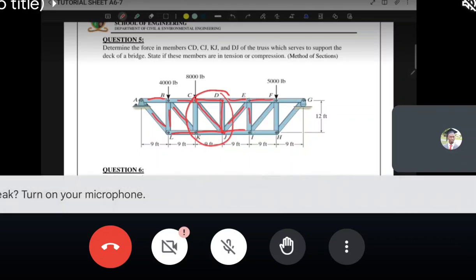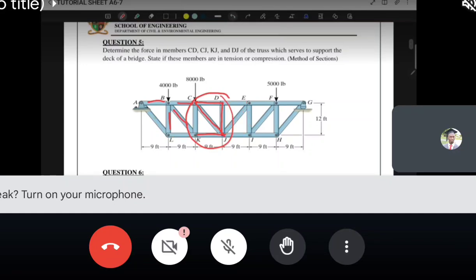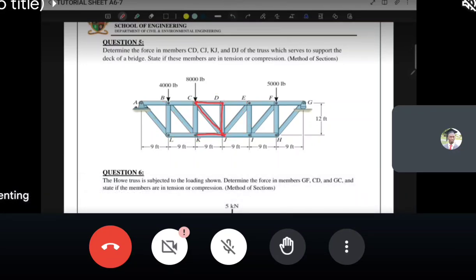Otherwise, it would be too involving to use the method of joints just to find what is happening at CD, CJ, KJ, DJ. Just for those four members, it would be very difficult because most likely you start from somewhere at A, find this member, then come to L, find this member, then go to B, find this member.